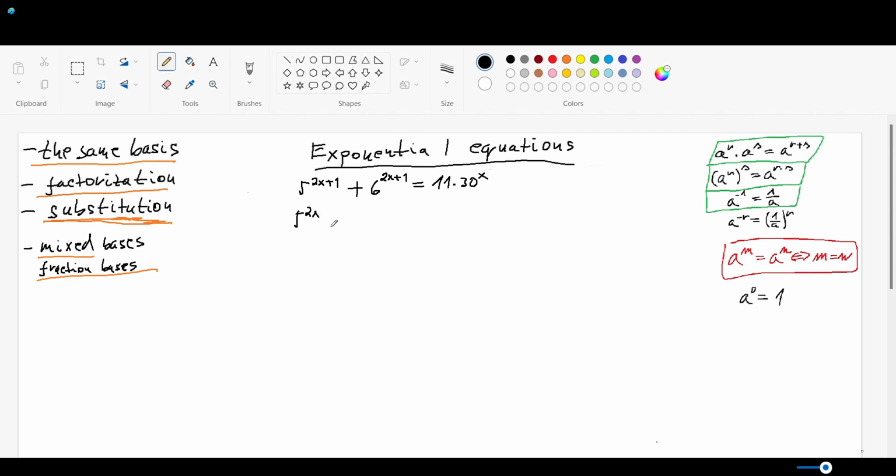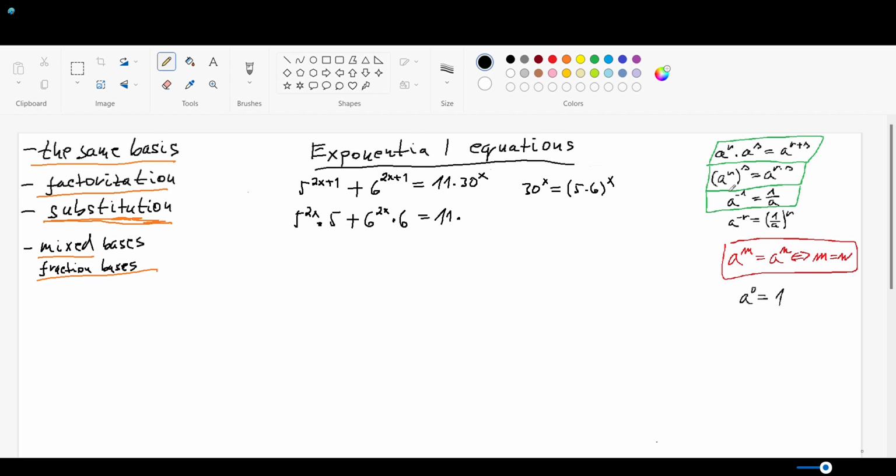So let's see what we can do here. The first thing we can do is to use our formula from here, but the other way around, which means 5 to the power of 2x plus 1 will become 5 to the power of 2x times 5, plus 6 to the power of 2x times 6, is equal to 11 times 30 to the power of x, which can be written as 5 times 6 to the power of x.